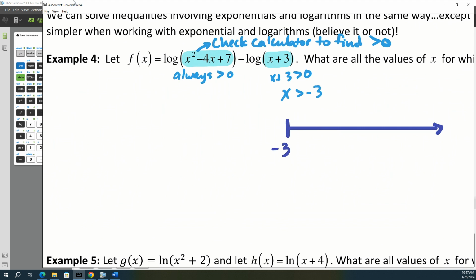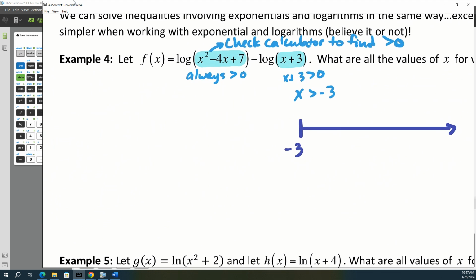All right, so what we're going to have to do is bring these logs together. We're going to rewrite our function as a single logarithm. Since they're separated by subtraction, we're going to bring them together using division.